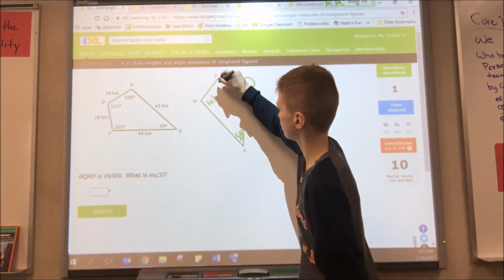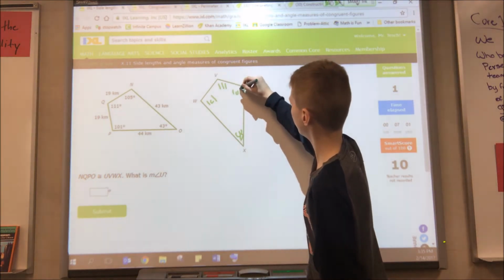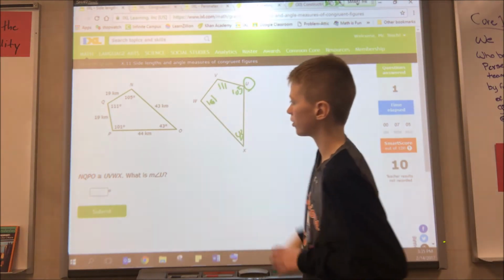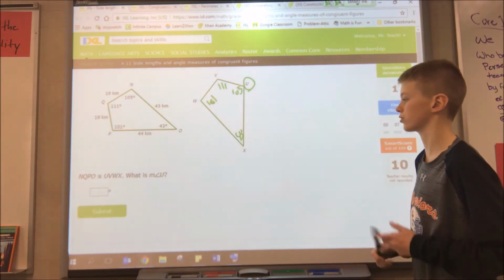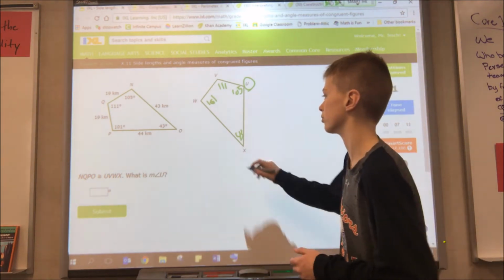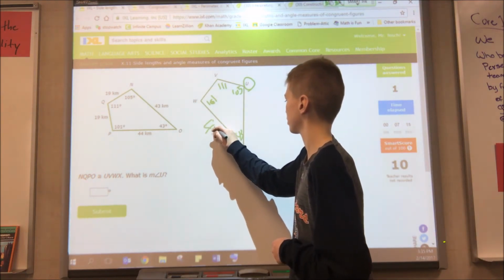And this one is 11. This one is 105. Now, to do this one, we have to write in all numbers.